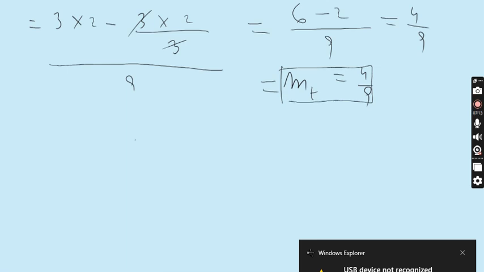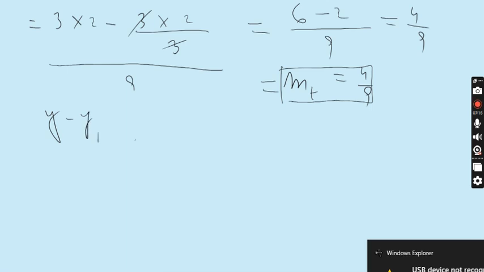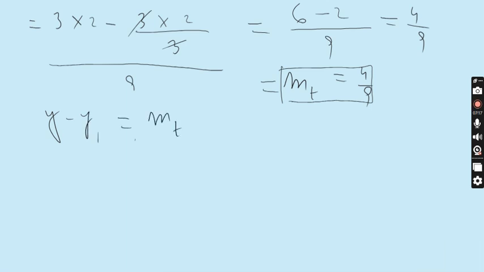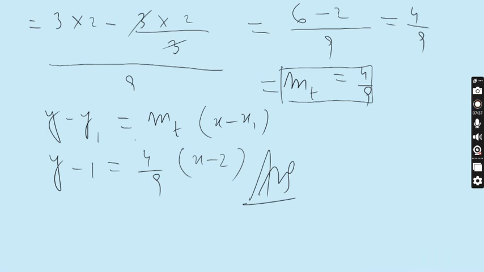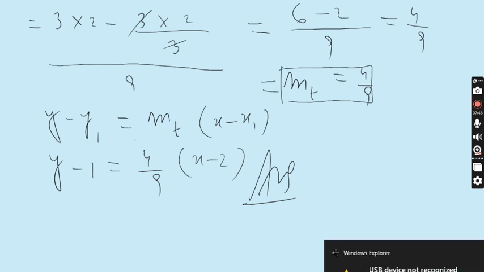Now the equation of tangent is y minus y1 equals mt times (x minus x1). y1 was 1, mt we found 4 upon 9, x1 is 2. Or you can simplify it. So this is our final answer. You can simplify more by taking the LCM, multiplying 9 by y minus 1 and so on. After doing so many questions, you can simplify yourself.